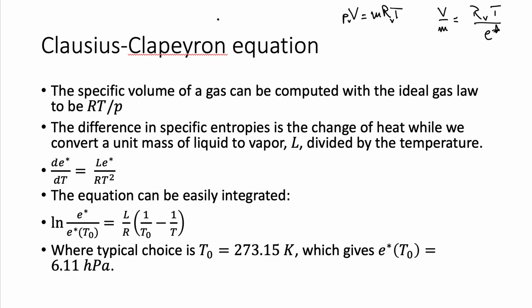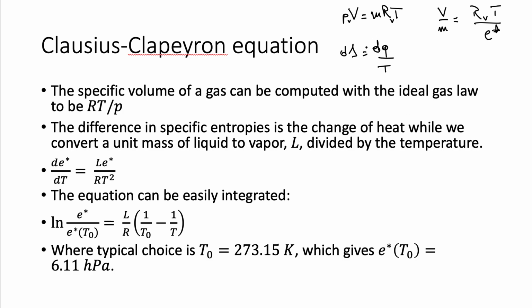And the other quantity, the difference in specific entropies, is actually related to the heat exchanged while converting a unit of mass to vapor, divided by the temperature. So remember ds equals dq over T. So changes in specific entropy are related to changes in specific heat. Can we define specific heat over T? Of course we can.